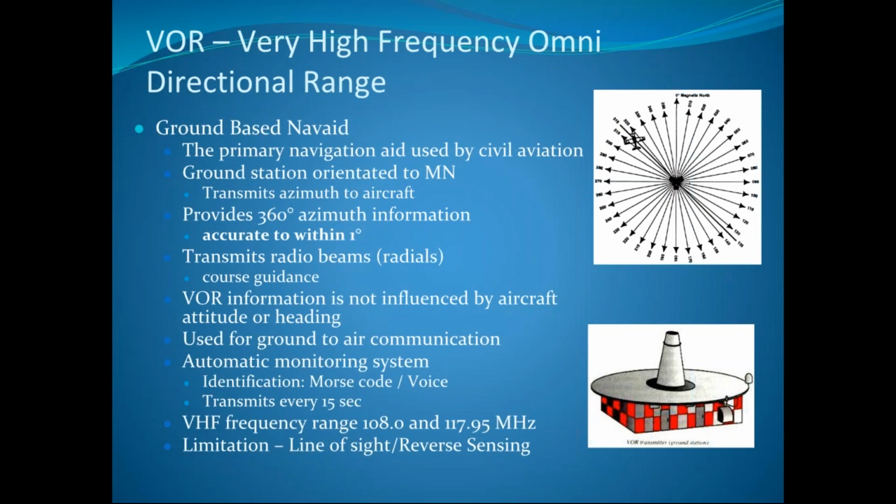As it says here, it's the primary navigation aid used by civil aviation. So pretty much every aircraft in the sky is going to have a VOR radio receiver in it, and the appropriate instrumentation.